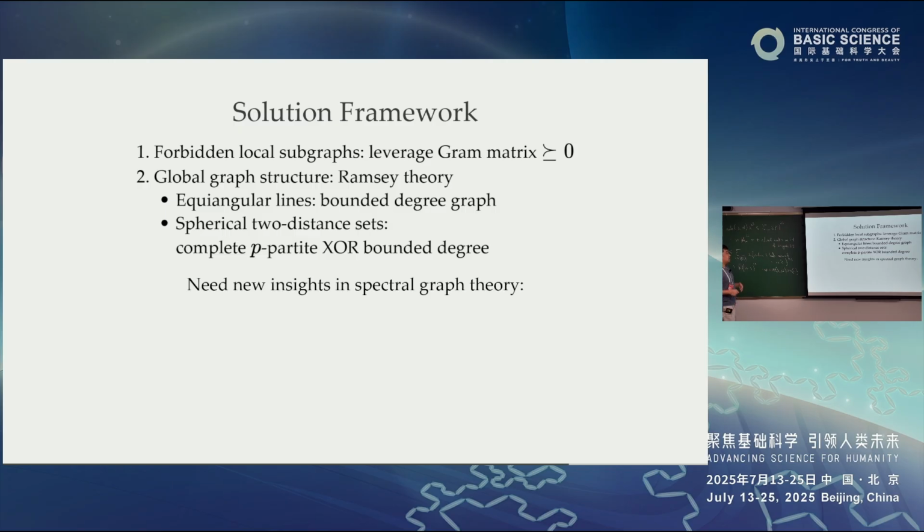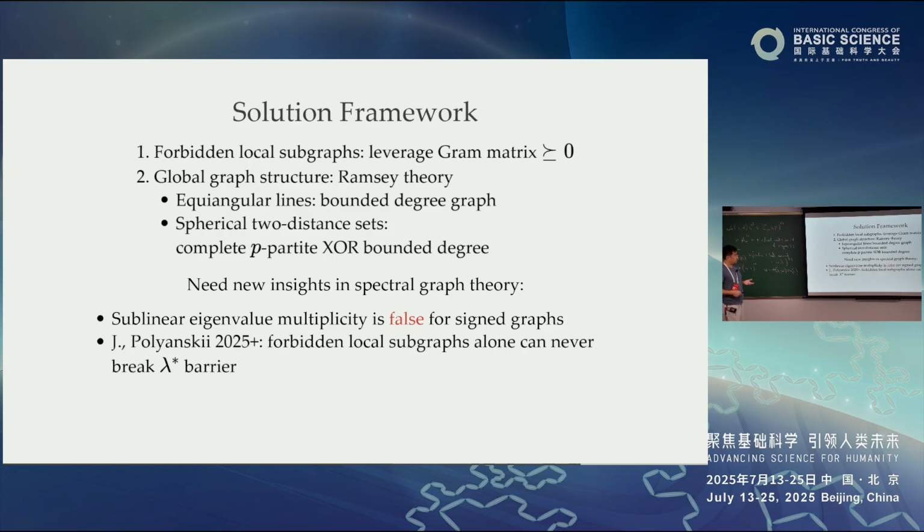In this sense, we really need new insights in spectral graph theory to move this result forward. So far we are stuck with the case where p is at least 3 and lambda is less than lambda star. I will give you two reasons why we need some new insights. The first reason is that, remember the second eigenvalue multiplicity result, it's just false for signed graphs. For signed graphs, it fails, and we can construct examples.